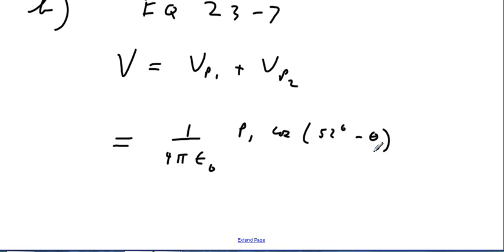Let's read the problem again. Determine the potential shown, with the dipole moment.